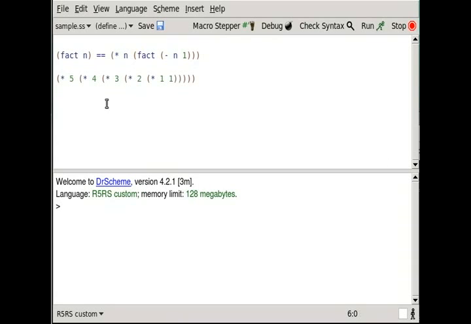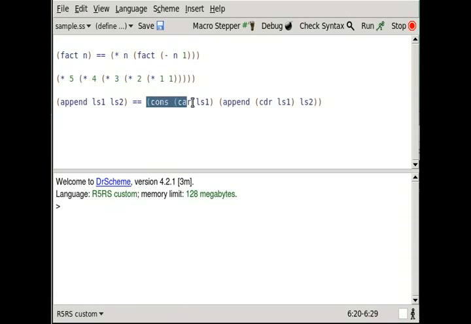We do this basically: append ls1 and ls2.